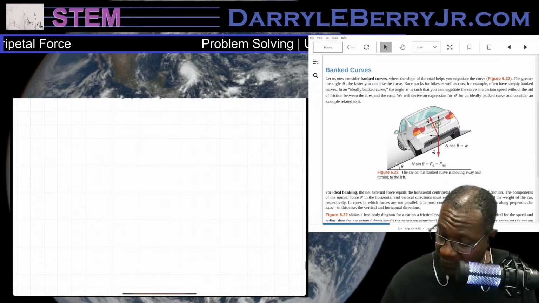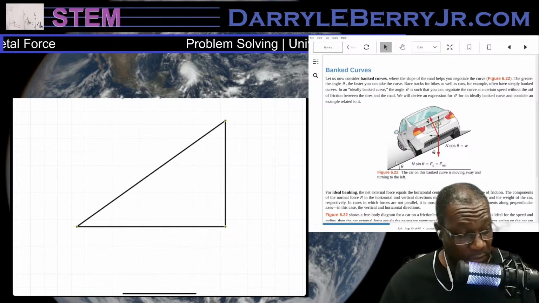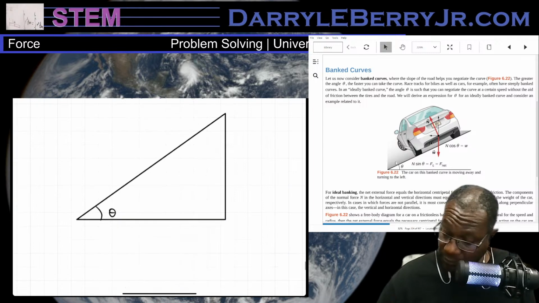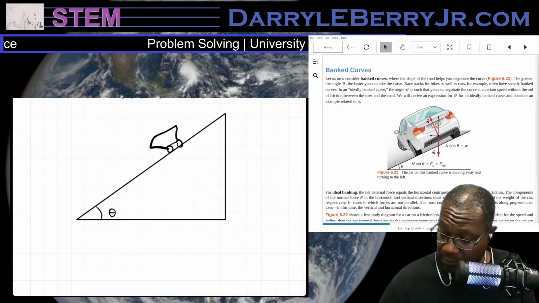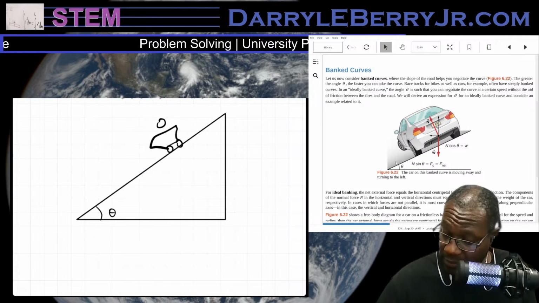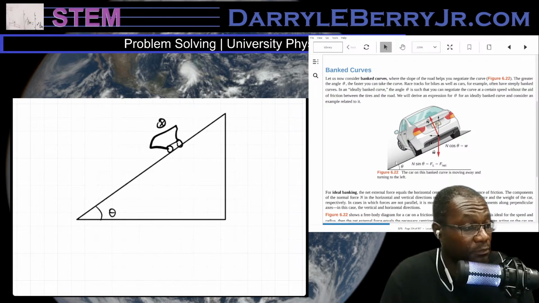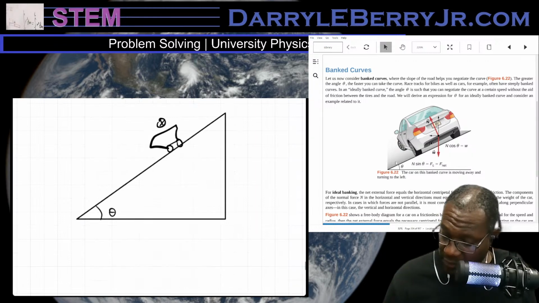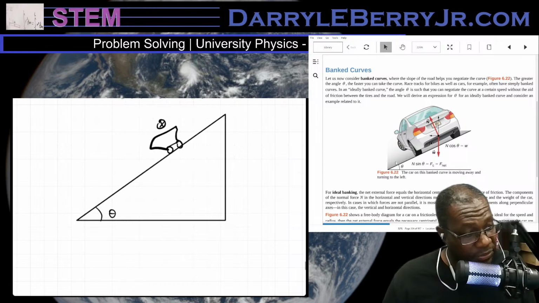So now we have a curve like so. We have theta. This is our car going into the page. It's interesting to note how they do it.